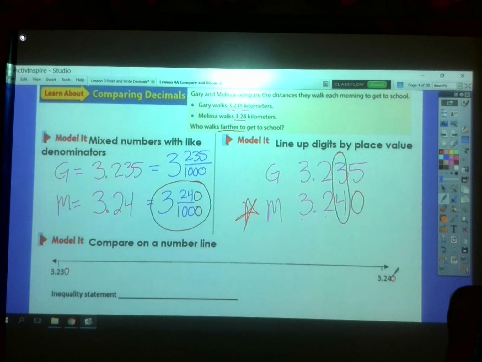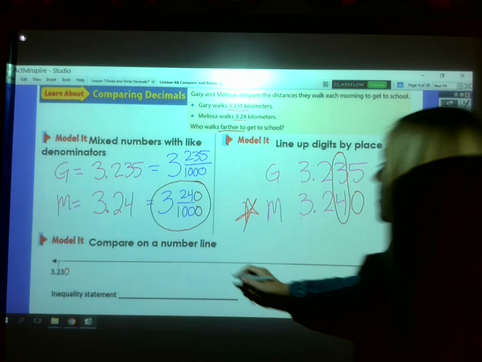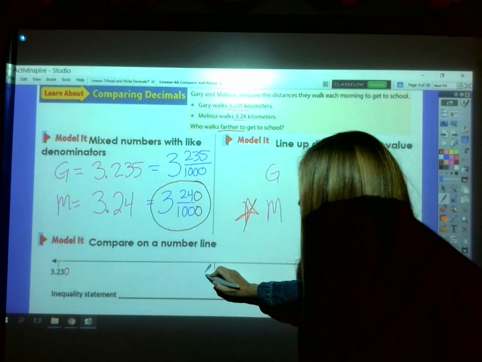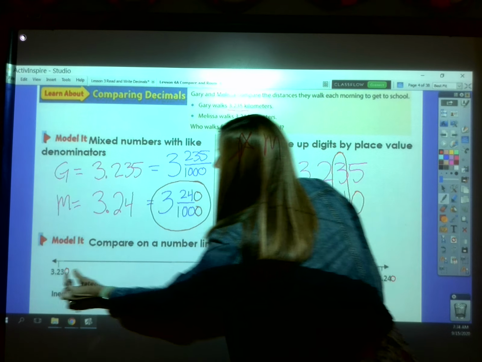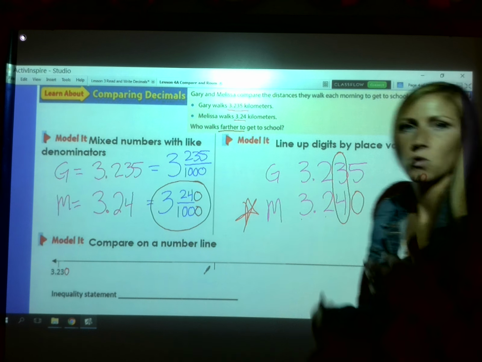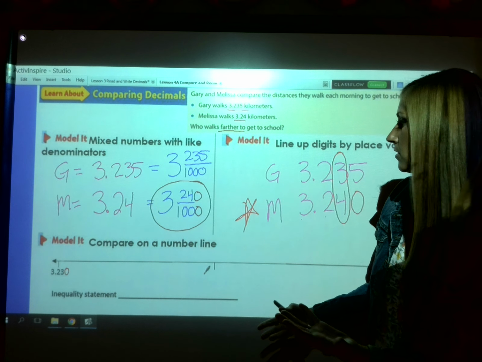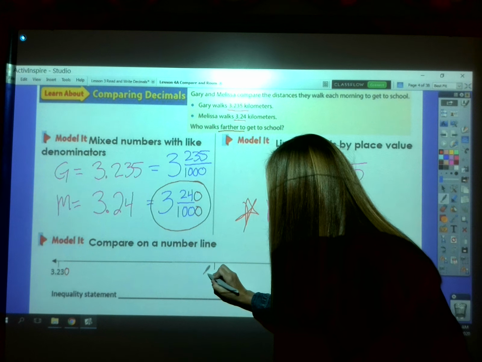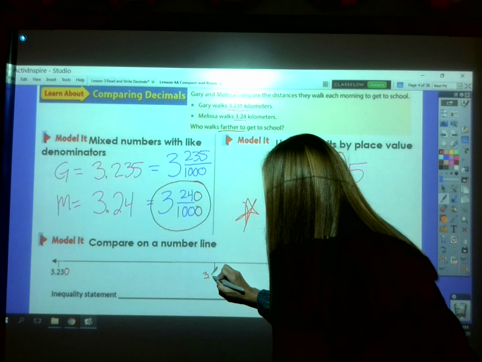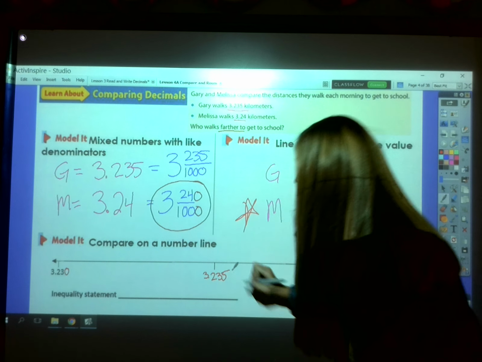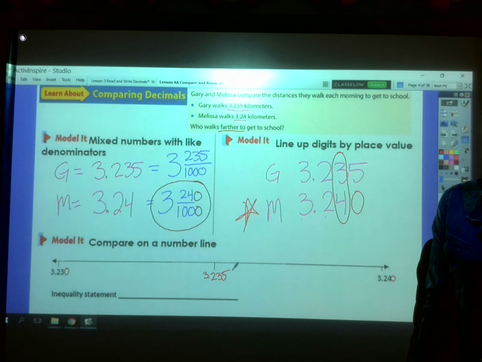So I'm going to go ahead, and I always like to start with halfway, and that's because I'm thinking 230 to 240. What's halfway? So it would be 3 and 235 thousandths that would be that halfway mark.